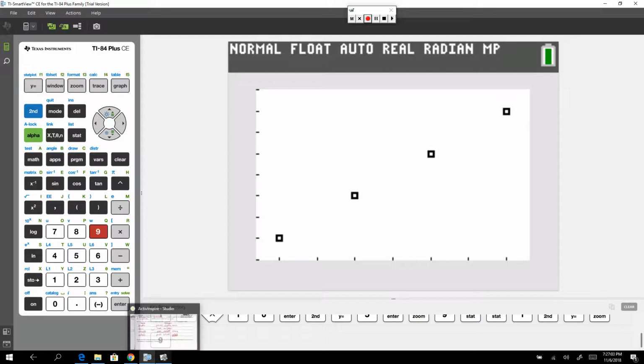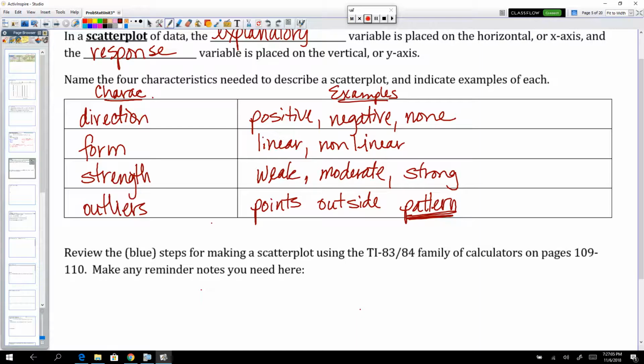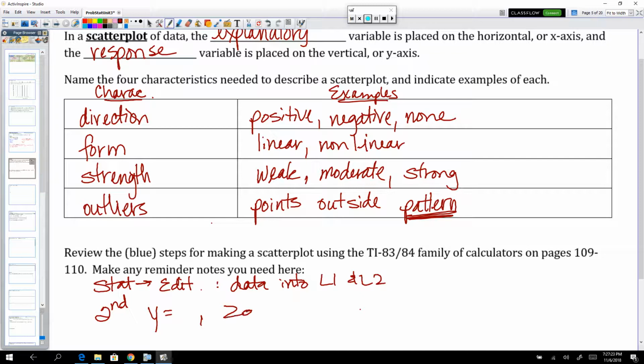Okay? So as a refresher, those steps were Stat, Edit, data into List 1 and List 2, and then second y equals, turn stat plots on, and then zoom 9 to see the data.